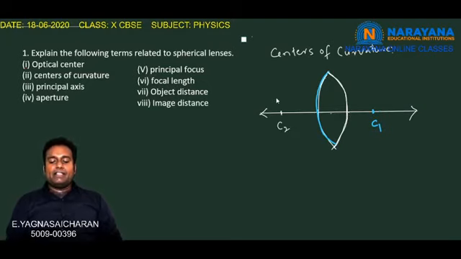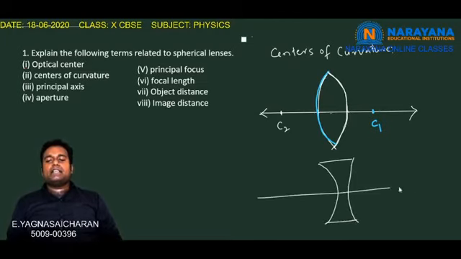We can define the centers of curvature of the lenses as the center of the sphere from which the lens was separated or prepared. So in the case of a biconvex lens, we will have two centers of curvature. In the same manner, if we consider a biconcave lens, there will be two curved surfaces, and let us consider this is the principal axis.